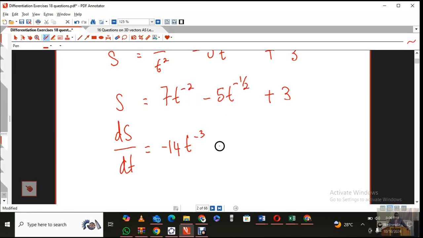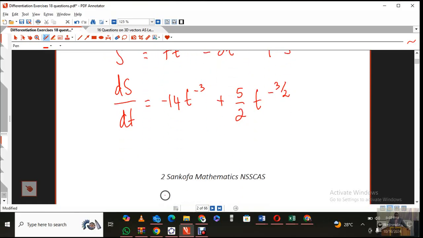A negative times a negative gives you a positive, so that's positive 5 halves, and t subtracting 1 again is -3 halves. The derivative of a constant is equal to 0.